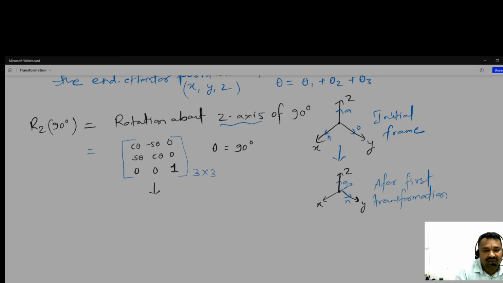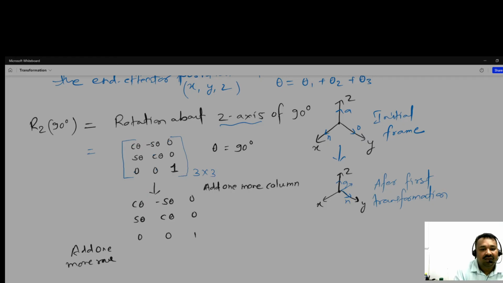So we write C theta, minus S theta, 0, S theta, C theta, 0, 0, 0, 1, and we have to add one more column and one more row.